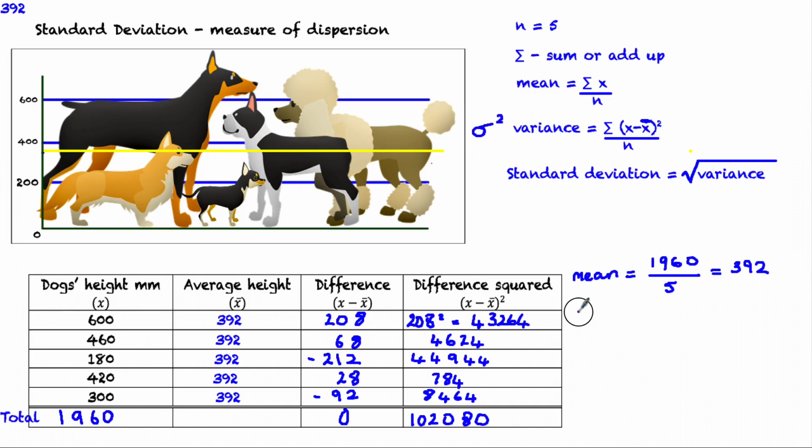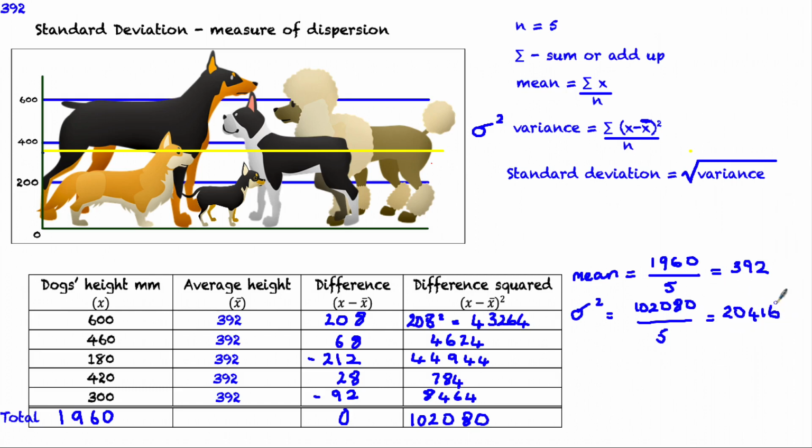So here, my variance is going to equal that value, the sum of all the differences squared, divided by 5. And the answer to that is 20416.